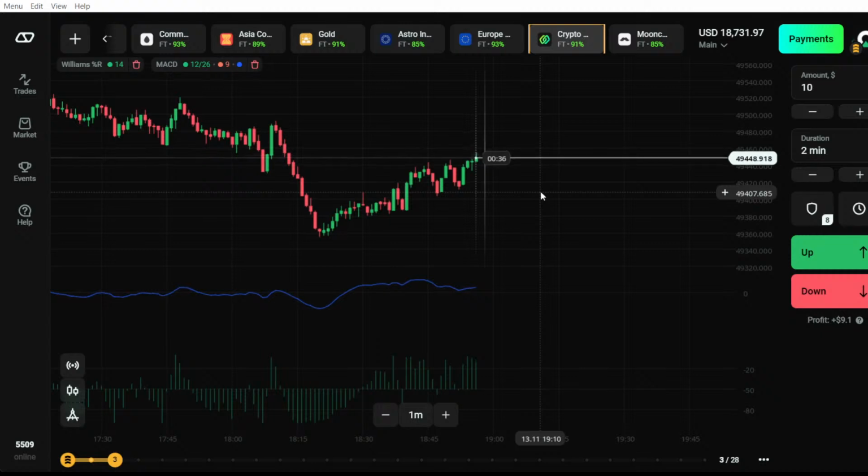The second one is known as the London session, the European market, which opens at 3 p.m. And the third one is the US market, the New York session, which opens at 7 p.m. So make sure if you are doing some backtesting, you can apply the same analysis which you have made on the Asian market to the European as well.